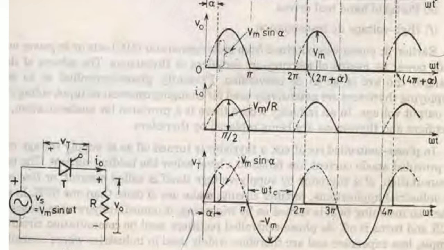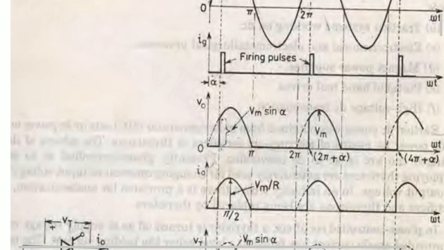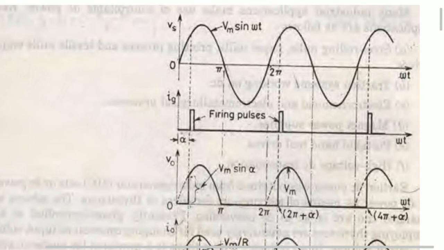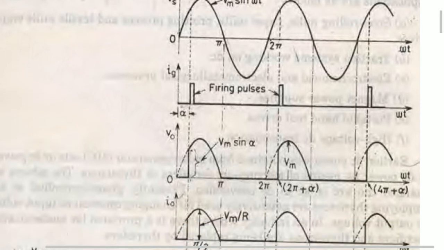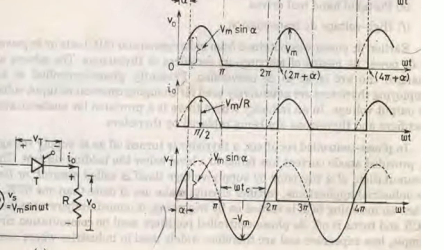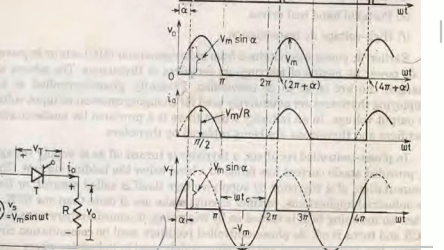So for the negative half cycle, there is no output voltage. See in the third waveform, there is no output voltage, that is Vo. Also there is no output current Io, and the same negative cycle will appear across the SCR.